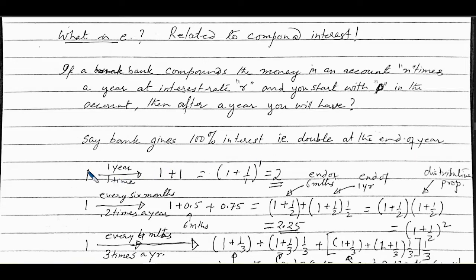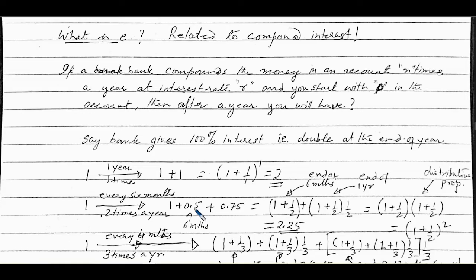So that means if I have 1 rupee, after a year it will become 1 plus 1, that is 2 rupees. I can write this 1 plus 1 as 1 plus 1 by 1, to the power 1. I will show you why I am writing it like this. Now if every 6 months the bank gives the money, 2 times a year, then my 1 rupee after 6 months will become 1.5 rupees.